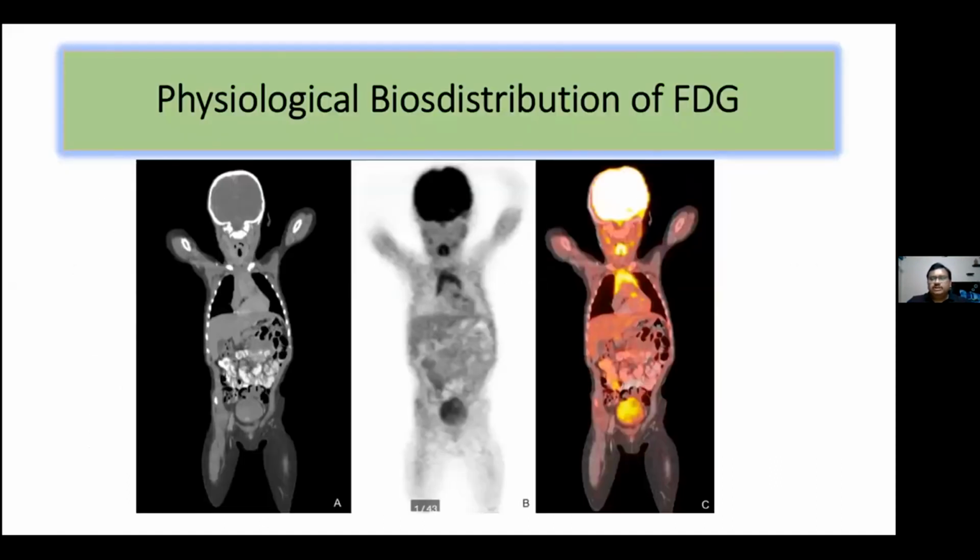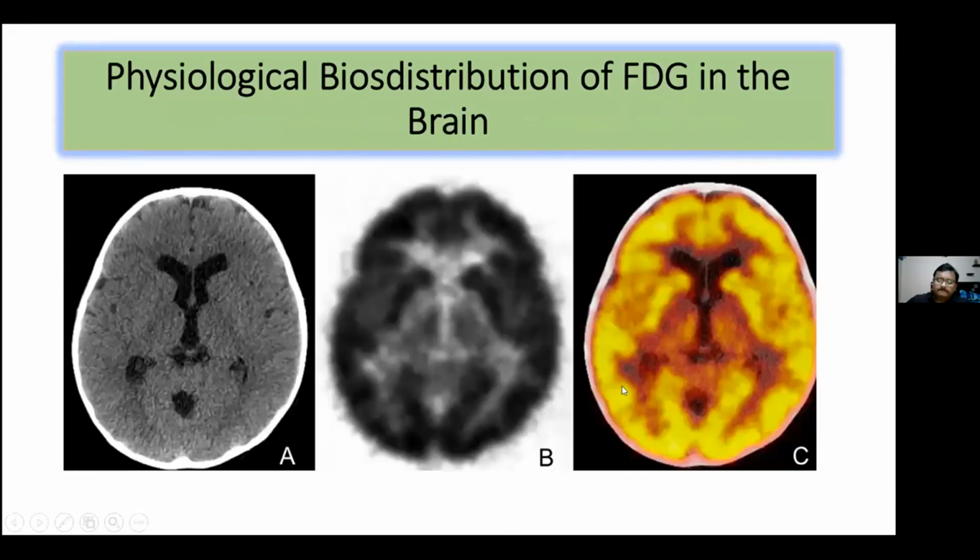Just to see the physiological distribution of FDG: a lot of uptake in the brain, vocal cords. This is the thymus, very commonly seen in children, not in adults, and the urinary bladder. Some degree of uptake in the muscles, the liver and the hepatobiliary system. Once again, we have high uptake in the gray matter.